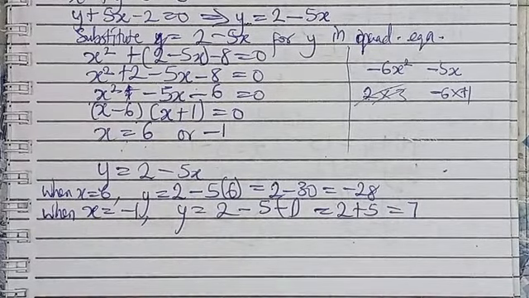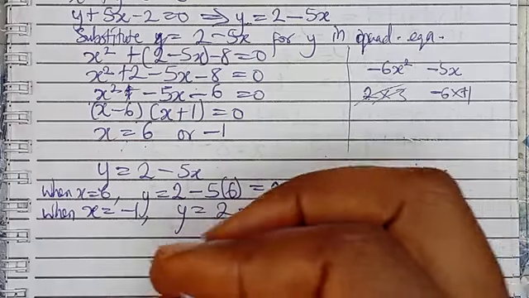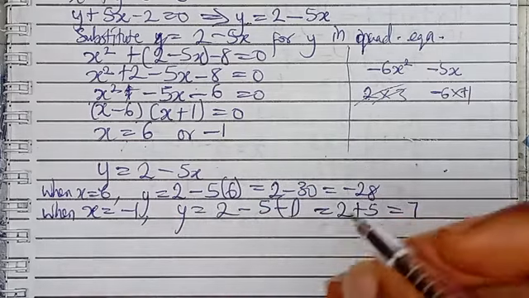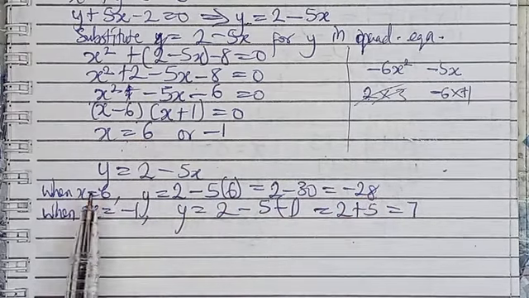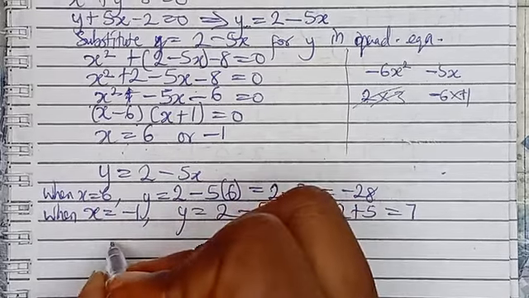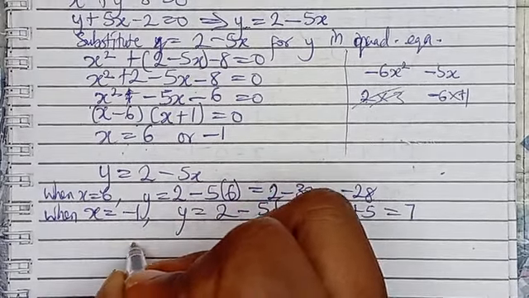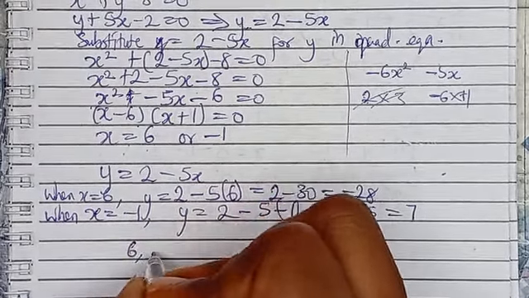Therefore, to write our answer, it's easier to write it in coordinate form, so that we have these points 6 and minus 28 corresponding, because that is what we found here. So the answers as our coordinate points are 6 and minus 28, and then these other coordinate points minus 1 and 7.